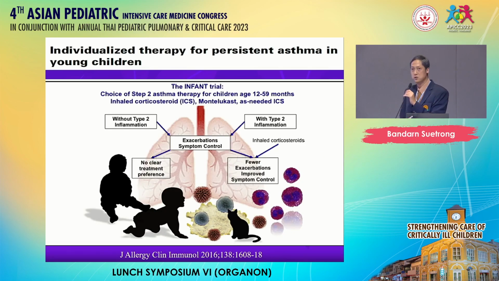And the last group that might benefit from adding or choosing montelukast is asthma in the young. This trial, what we call the infant trial, is an RCT done in asthmatic patients in preschool, younger than 5 years of age.